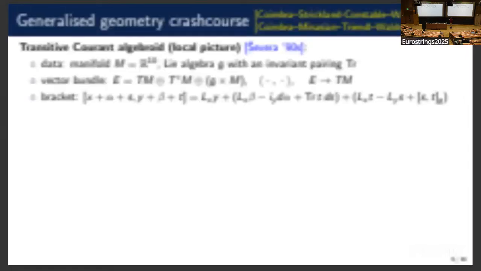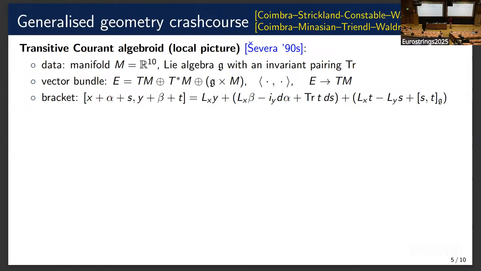In fact, the only thing you will need to know is that the starting point is simply, you look at your theory, so supergravity, you look at its local symmetries: you have diffeomorphisms, you have one-form gauge transformations for the B field, and you have some gauge transformations for the connection, for the gauge field. So you just put them together in this kind of formal sum in this new vector bundle over, let's say, R10, and you notice several features.